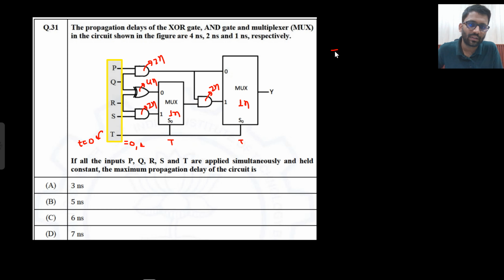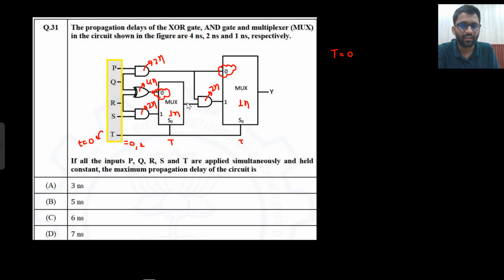If t was 0, it would have taken this value and this value. Now this value will take 4 nanosecond here. So it has to wait at least 4 nanosecond to get this output.